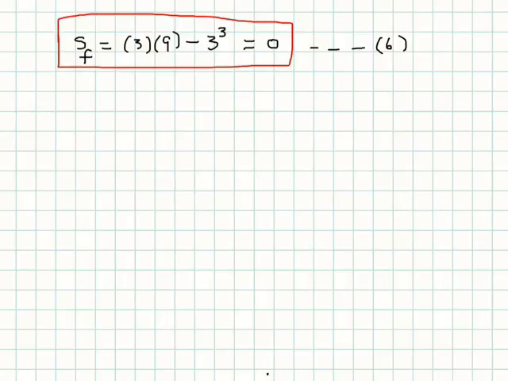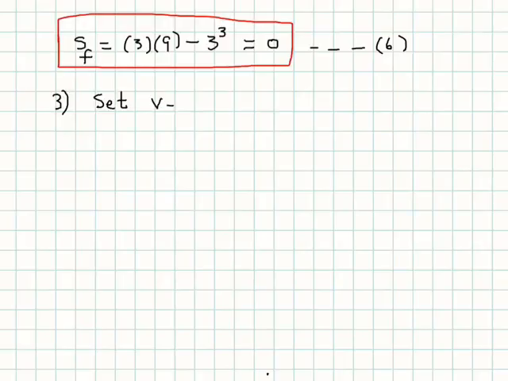Let's continue and find the total distance traveled. Now, to get the total distance traveled, we first check to see if there is a change in direction during this 3-second interval. In order to do this, we will set v equal to 0.